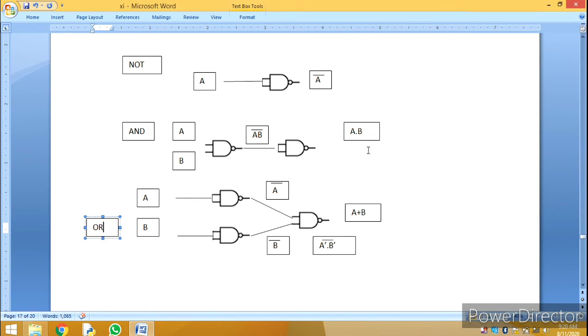Recall the involution law. The involution law states that the complement of the complement is equal to the input which was given.